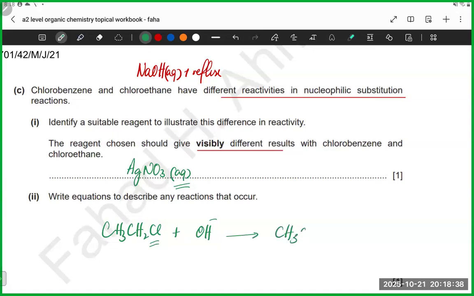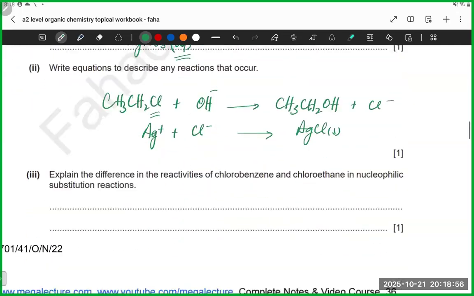So you will have hydrolysis, and you will get Cl ions. The Cl ions will then react with silver ions to form AgCl white precipitate. Okay, so that's your hydrolysis that will be happening.